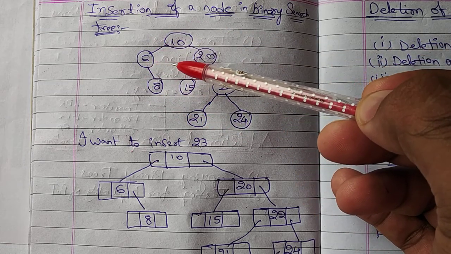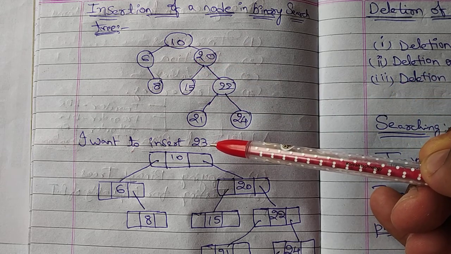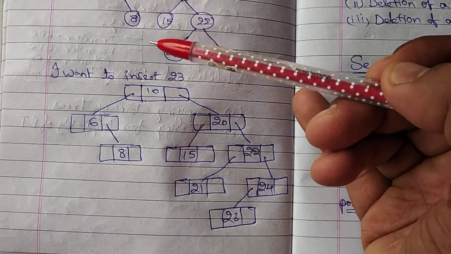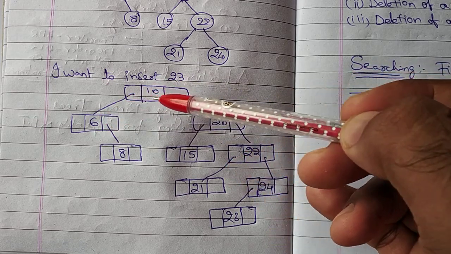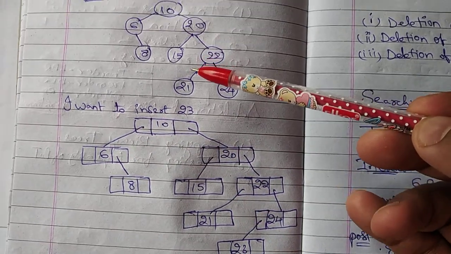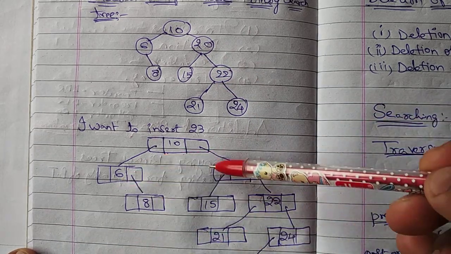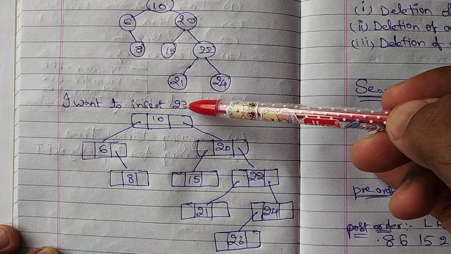Now in this existing tree, I want to insert 23. In memory, you should construct it as a node representation, a linked representation. Same tree, I mentioned in the form of linked representation. So tell me where we have to insert 23.